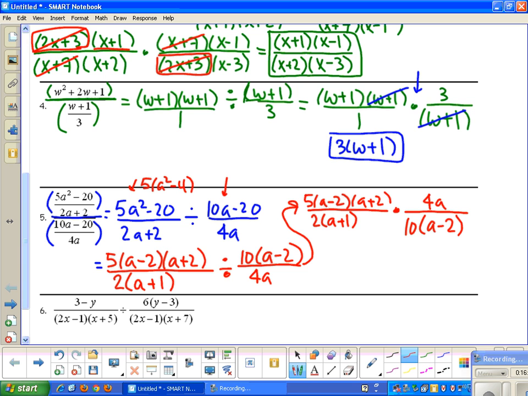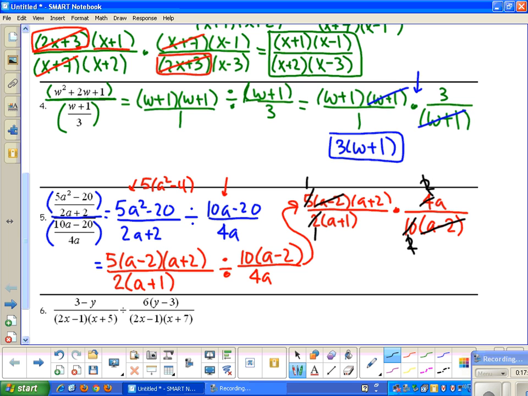So now I want to look for common factors between my numerator and denominator that I can cancel out. So a minus 2 and a minus 2 would be gone. And then I notice that I have a 2 and a 4. So 2 goes into 2 once, and 2 goes into 4 2 times. I also have a 5 and a 10, so I know 5 goes into 5 once, and 5 goes into 10 twice. And that means that I have 2 over 2 again right here. So this would be gone because 2 divided by 2 is just 1.